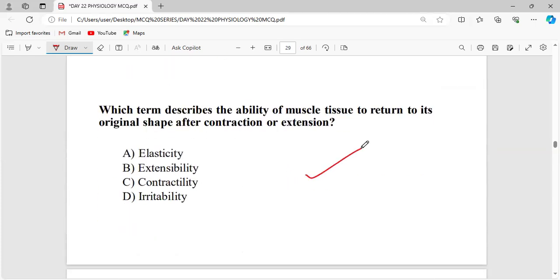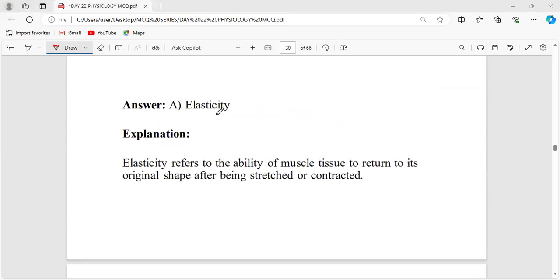Now, which term describes the ability of muscle tissue to return to its original shape after contraction or extension? Elasticity, extensibility, irritability, contractility. That will be elasticity. This elasticity is the correct term. It refers to the ability of muscle tissue to get back to its original shape.